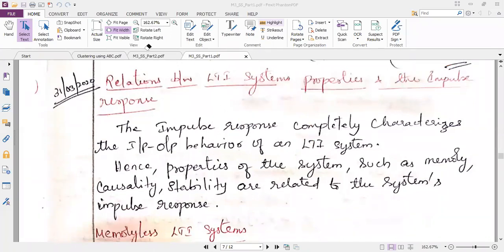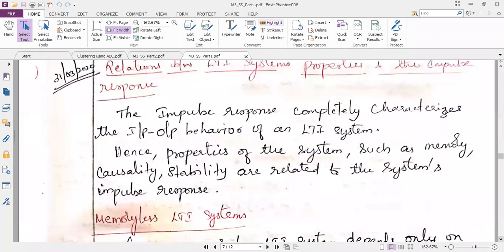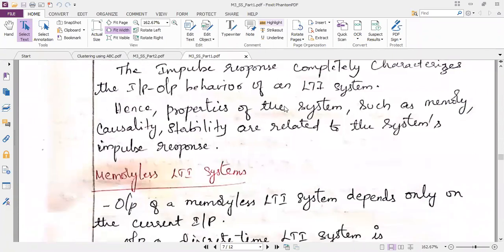We have some properties common between the previous module and this module, and we have some new properties also in this module. The common properties from previous and this module are: memory property, causality, and stability.